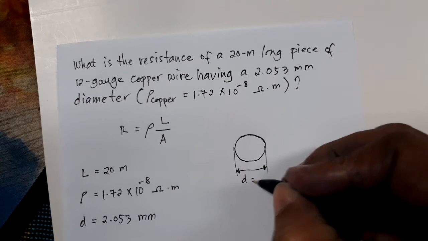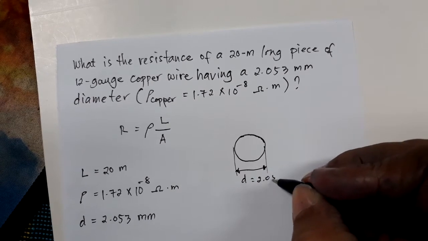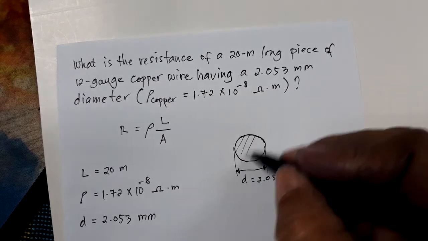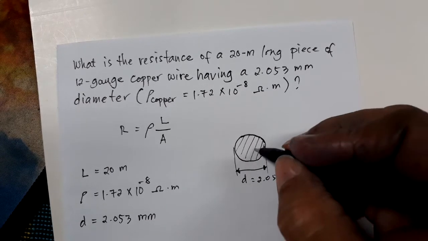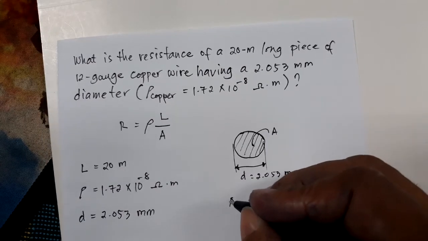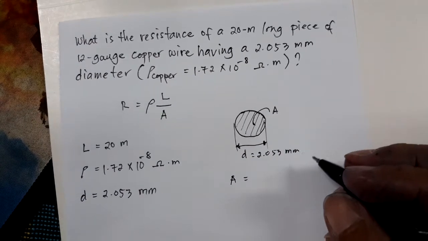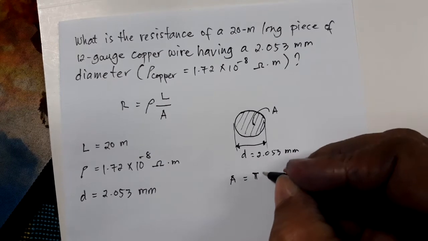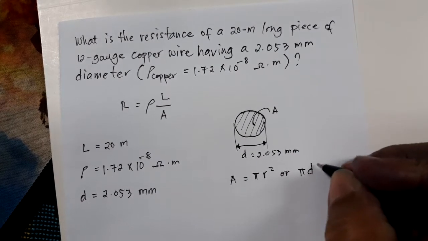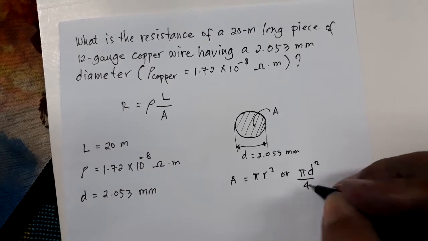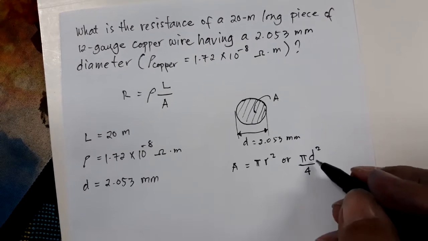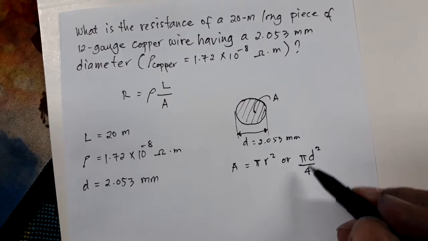Your diameter here is 2.053 mm. So what is the area of this circle? The formula for the area of a circle is pi r squared, or pi d squared divided by 4. Since the diameter is given here, we need to use this formula.